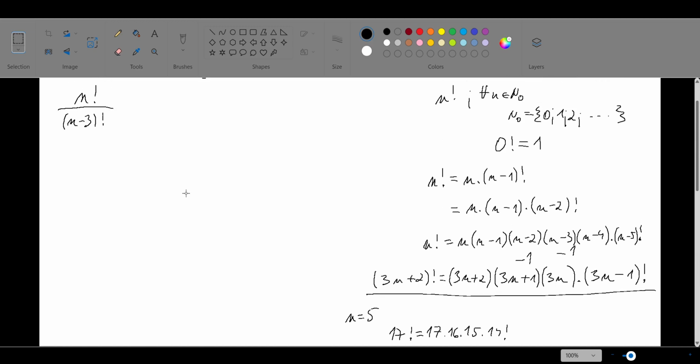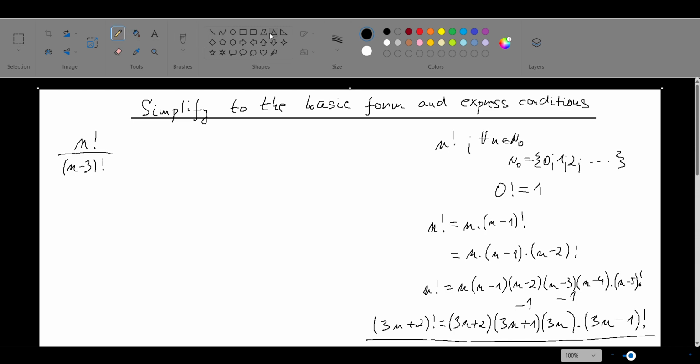So first of all, let's start with the conditions, which means in this case that we have two factorials. For the first factorial, n must be greater than or equal to 0, as this is the condition where our factorials are defined. And in the denominator, the factorial of n take away 3 is defined if and only if the expression n take away 3 is greater than or equal to 0, which, sorry, I said and, but I wrote or, and n take away 3 is greater than or equal to 0.